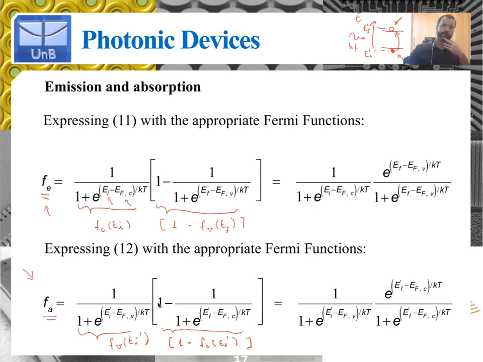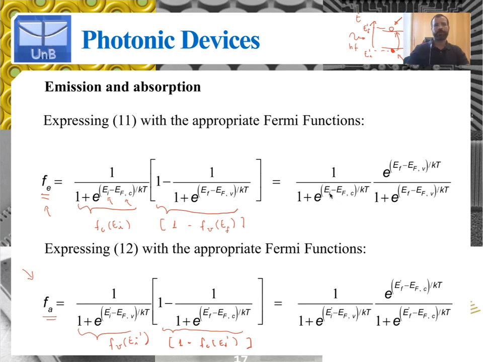Now if we multiply and divide this one by the denominator here and rearrange things a little bit, we get this, where note that the term in the numerator is e to the power of EF dash minus EFC divided by KT.